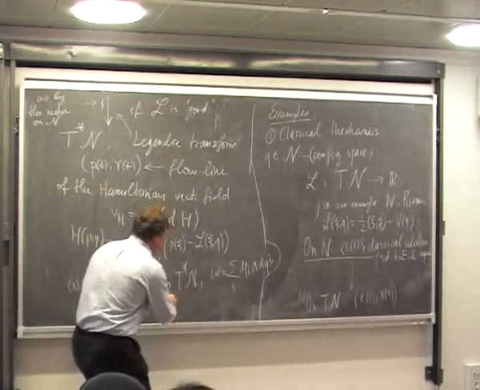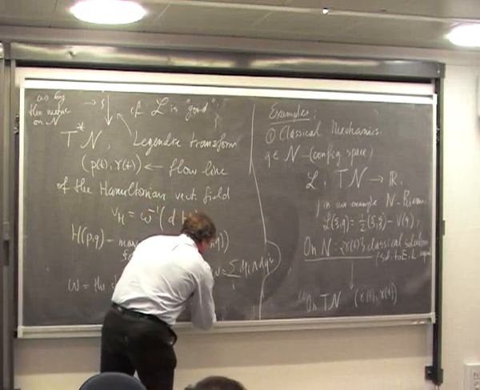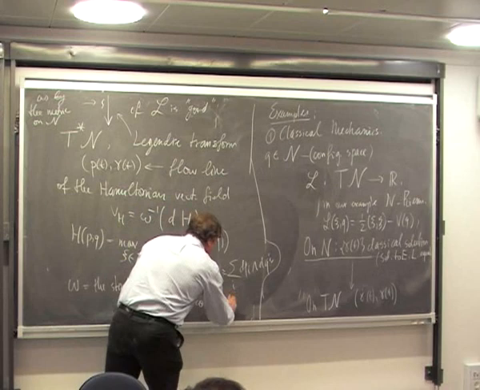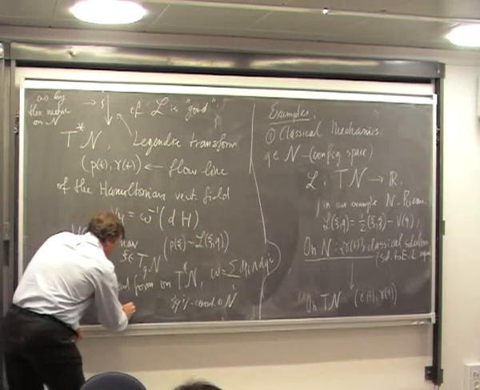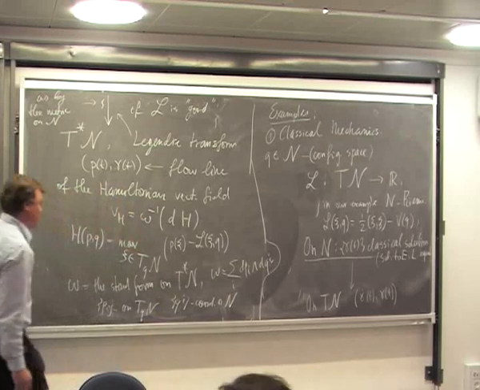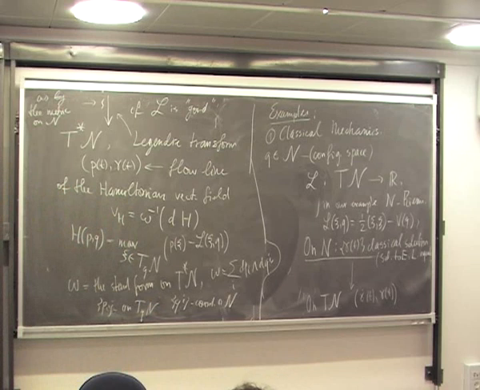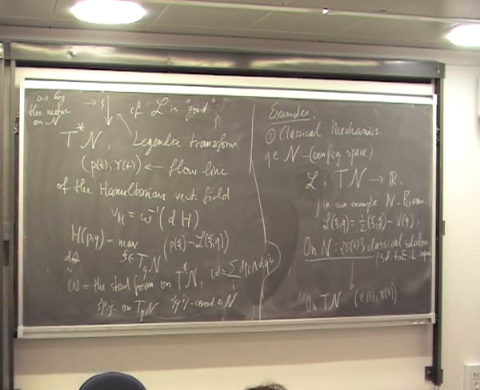So this is just d of the canonical one-form theta, where theta is the canonical one-form on the cotangent bundle.